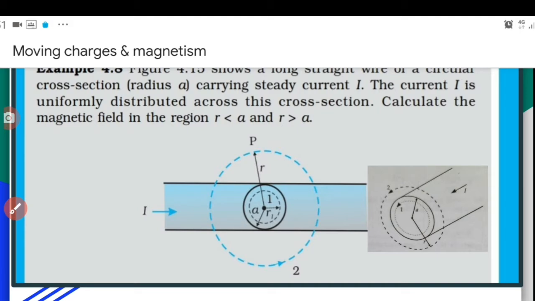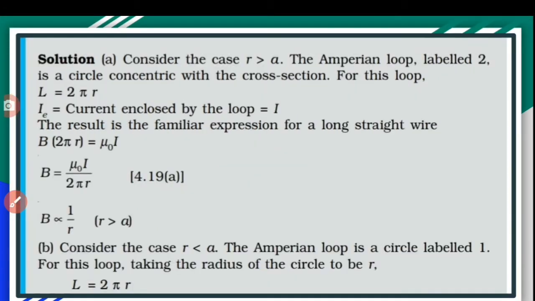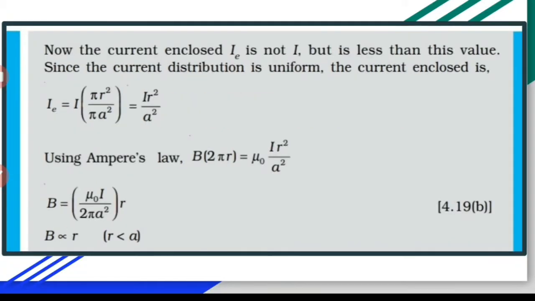When we take that Amperian loop, here also L is equal to 2 pi r. So B into 2 pi r is equal to mu 0 I_E. Here I_E is the current enclosed by the Amperian loop.